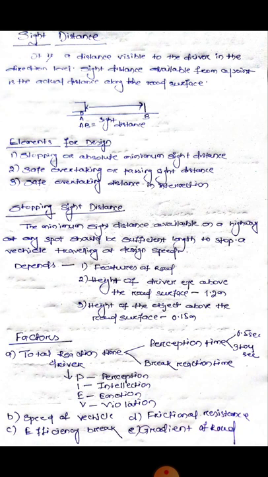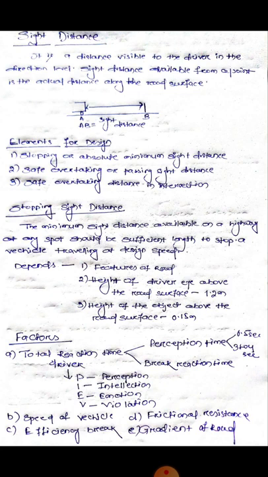That means the distance visible to the driver ahead on the road is the sight distance. There is a point A where the driver is on the road, and a point B. The distance between A and B is called sight distance.